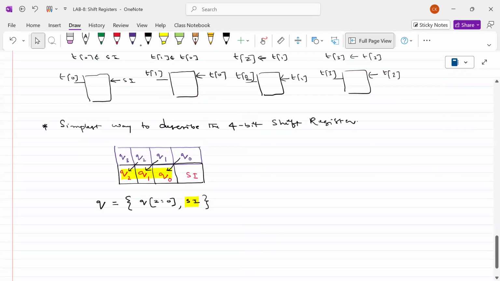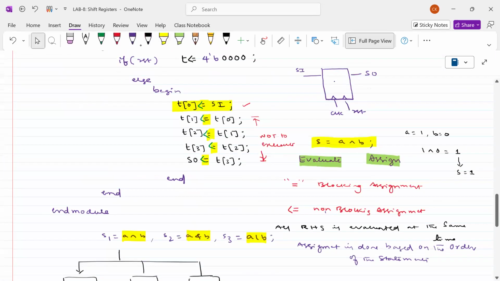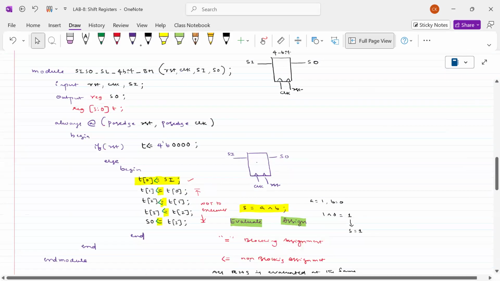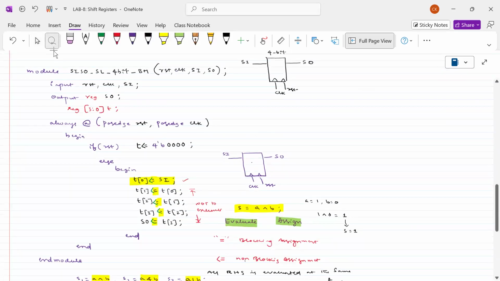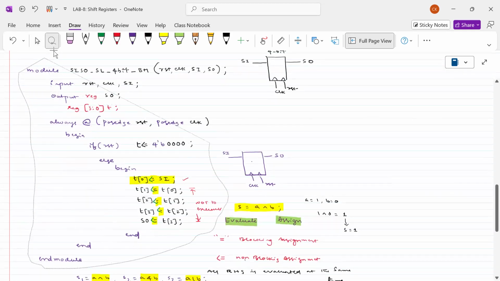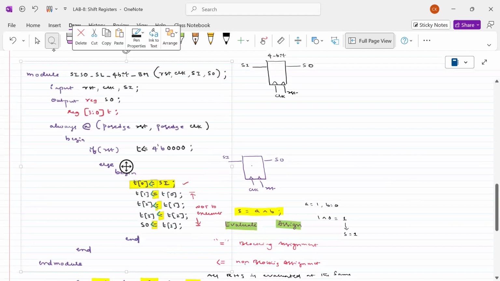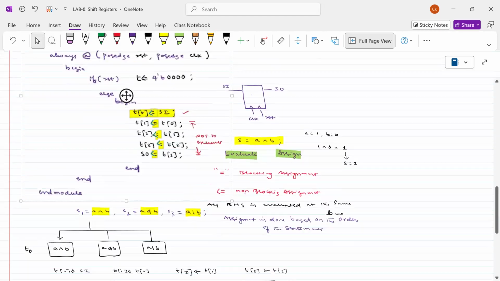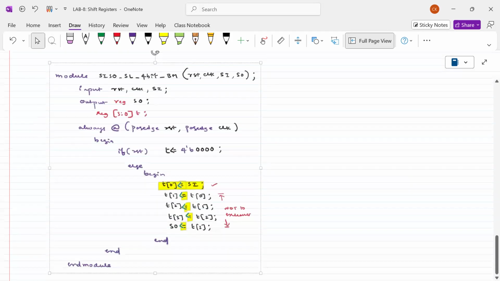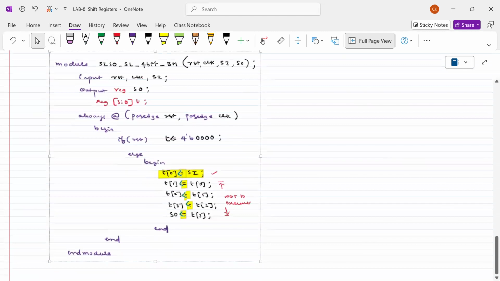Shall we write this one in the main program? Let me copy this program and let us see how we can use this statement inside of it. This will be very helpful when we design complex circuits.